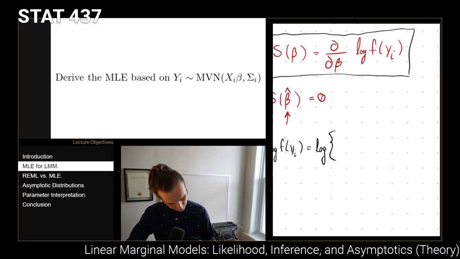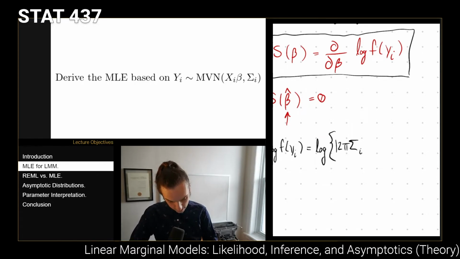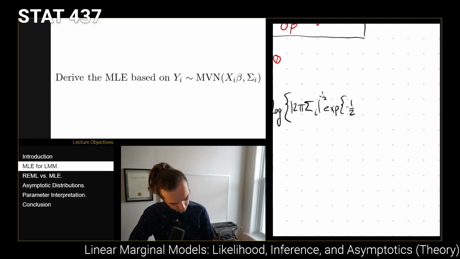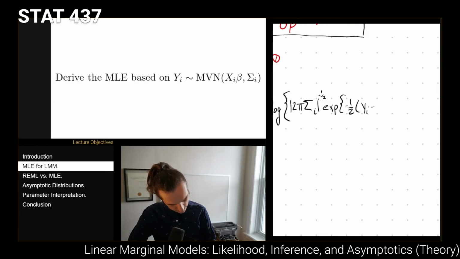And so we can do the log of 2 pi sigma I now, because we've plugged in our values, to the power of -1/2. And then it's the exponential, -1/2, and then we have this quadratic form, yi minus xi beta transpose sigma I inverse yi minus xi beta.